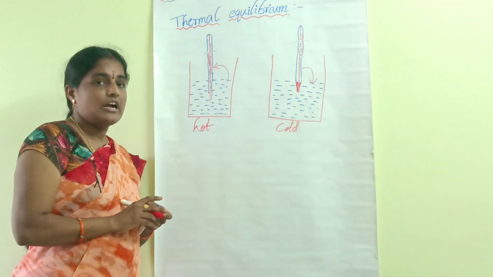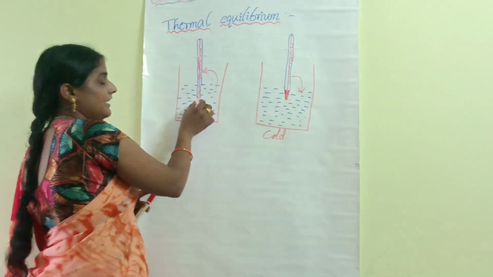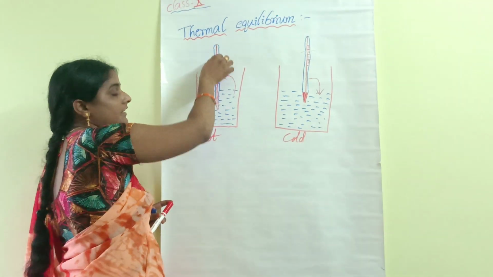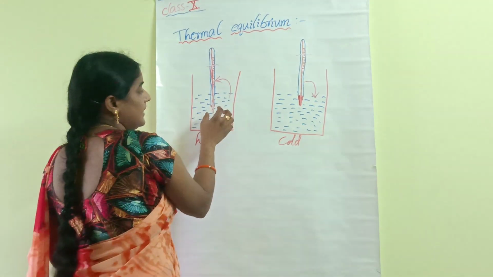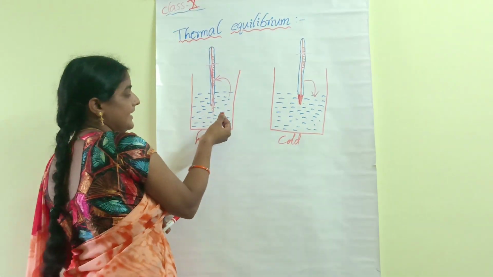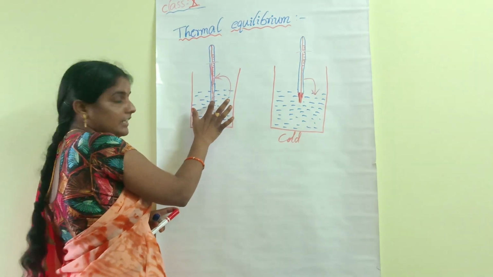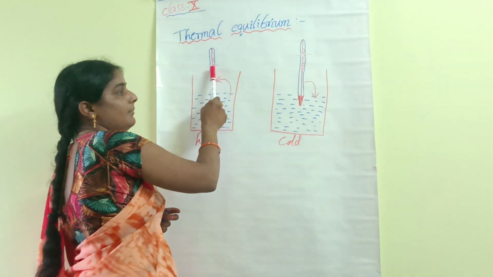Okay, so we have to take 2 glass tumblers. We insert a thermometer in a hot glass tumbler, and then transfer of heat energy takes place from the hot water to the thermometer. Then automatically the mercury present in the thermometer rises up.